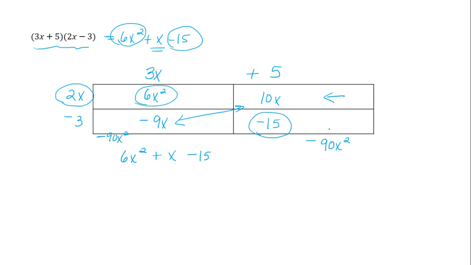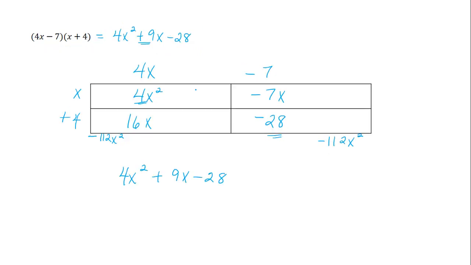What's a common factor between negative 9x and negative 15? It is negative 3. And now looking at the columns, what's common between 6x squared and negative 9x? That happens to be 3x. And between 10x and negative 15, it is plus 5. The terms in the binomials are actually common factors of our rows and columns.